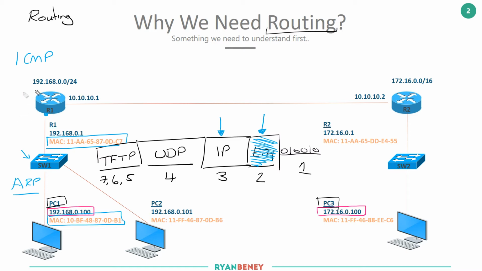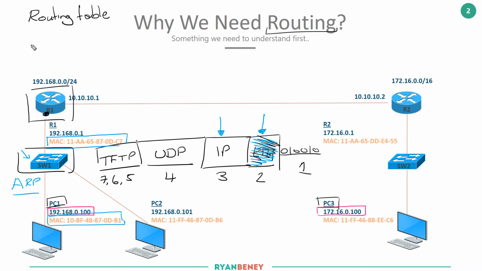So let's say we blow up the process that happened on router 1. Router 1 received that frame from PC1 and it decapsulated it. What it then does is it looks at something called its routing table. Its routing table is a list very similar to the MAC address tables that we've seen in our video so far with switches.